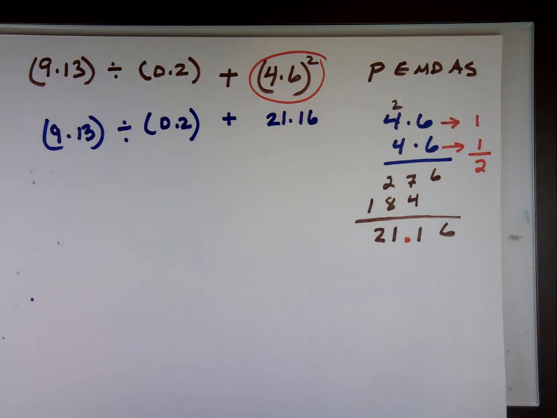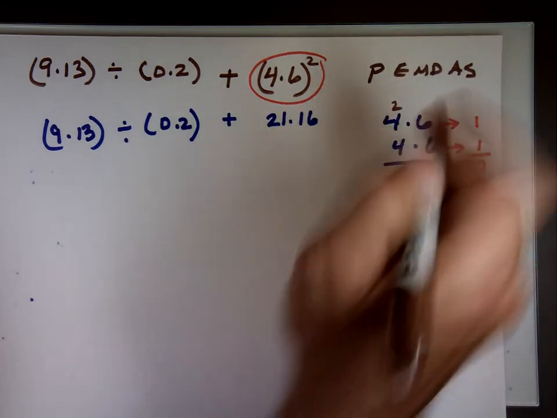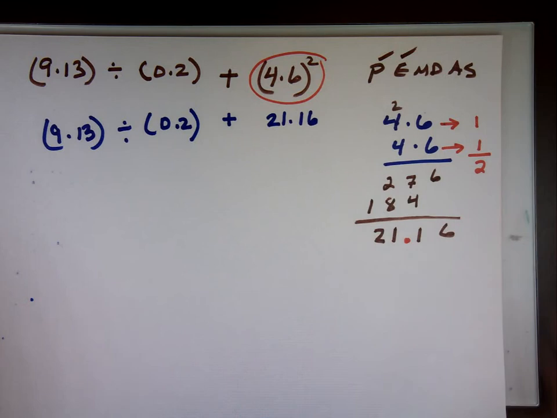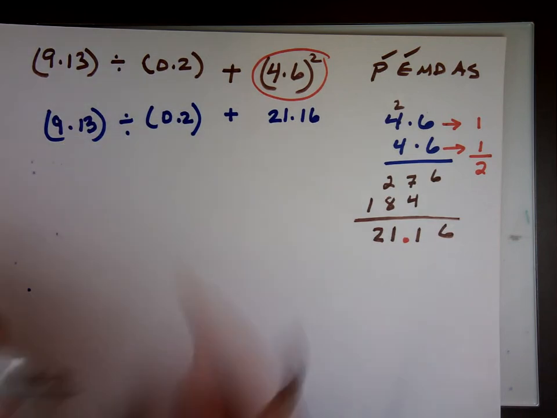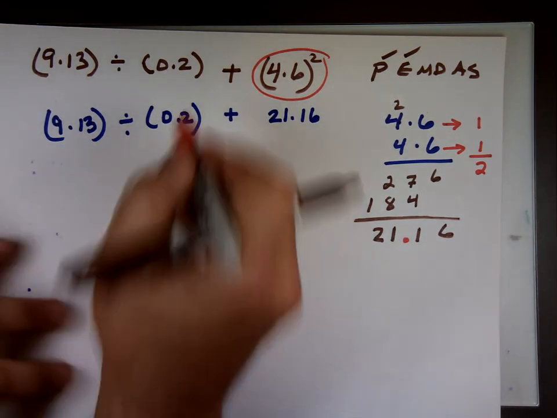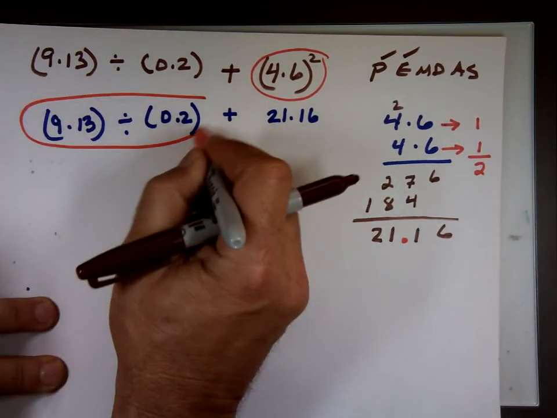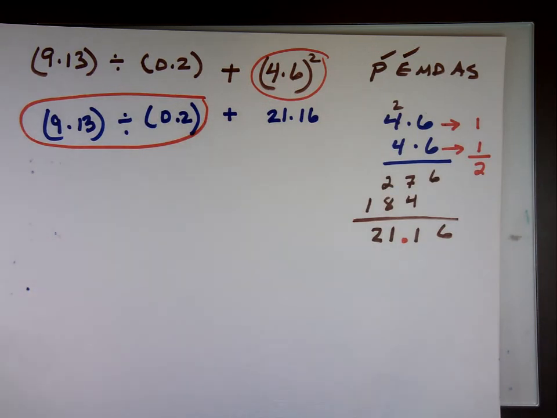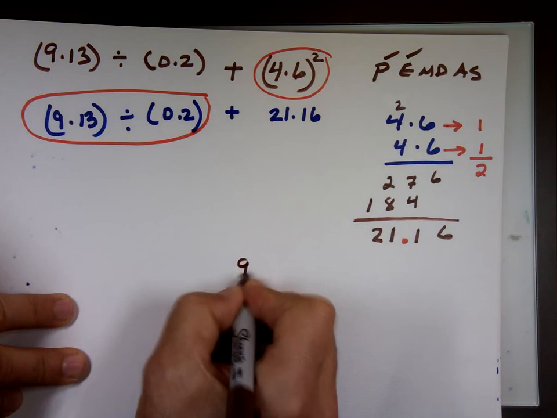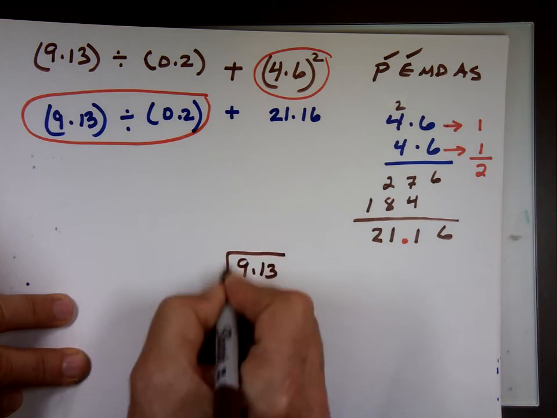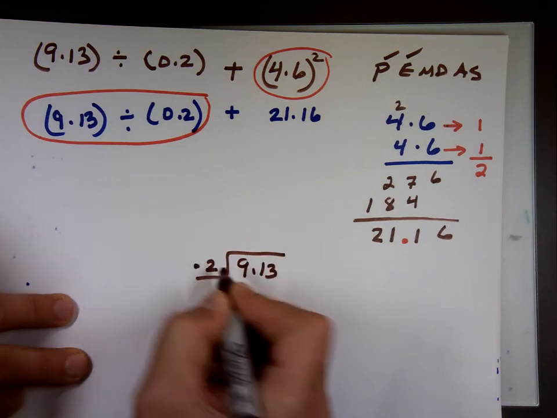Let's continue with the order of operations. Parentheses done, exponents done. Do we have any multiplications or divisions? We have divisions. We're going to do this one next. Let's go to the side and divide them. 9.13 divided by 0.2. Uh-oh.